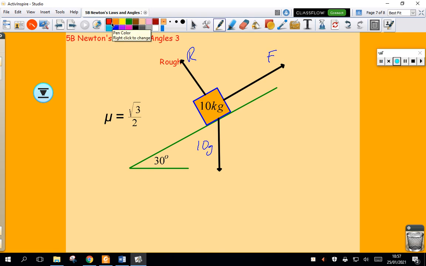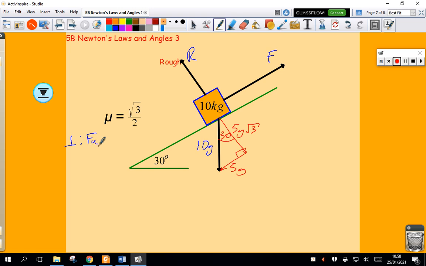I'm going to resolve the force that is neither parallel nor perpendicular to the plane of motion, which is this one, 10g. Working out, that has to be 30. We worked out previously that has to be 5g, that has to be 5g root 3. So from that I can work out my normal reaction, because perpendicular to the plane there's going to be no acceleration down into the plane or away from the plane.